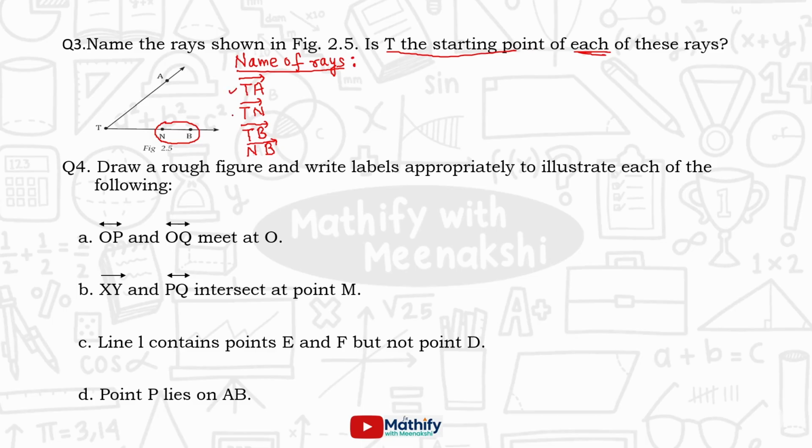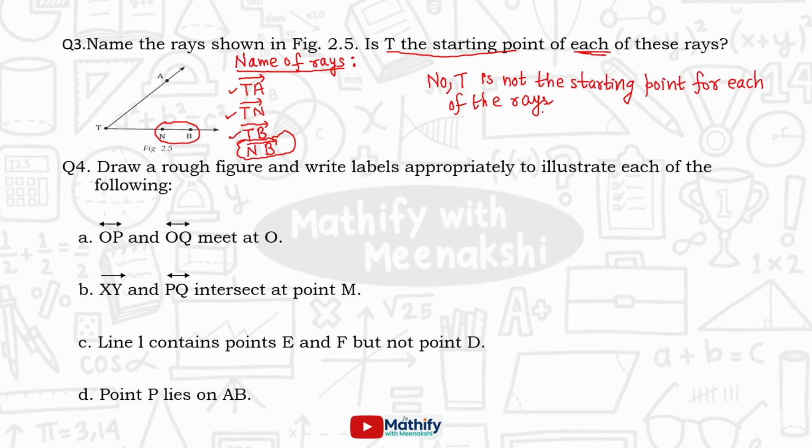T is the starting point for TA, T is the starting point for TN, T is the starting point for TB. But T is not the starting point for NB. So you will write no, T is not the starting point for each of the rays. Because of NB we are writing this.